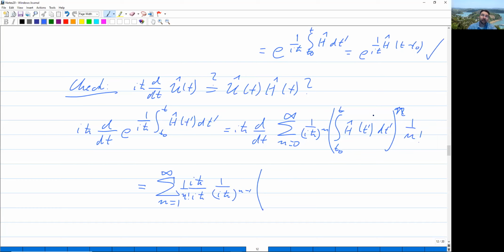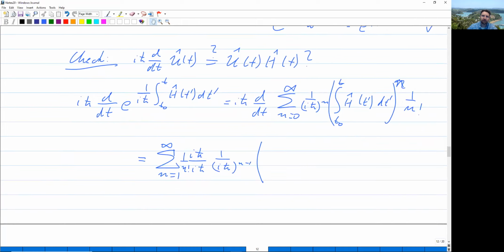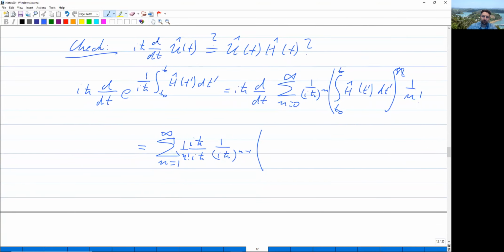But you have to be very careful here. Let me show you why. There's something non-trivial happening, and you may not have seen this kind of derivative before. So let's write this as this bracket times n minus 1 times that bracket. So we differentiate the first term here. So what's the derivative of this with respect to t?